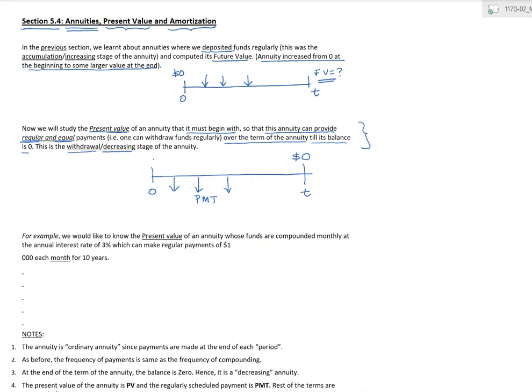So the question is, how much should it have in the beginning so that you can withdraw this amount every month or every quarter or every year, whatever it is, for T years. Now it is earning interest while this is happening. So that's why it is an annuity, but it's a decreasing annuity.